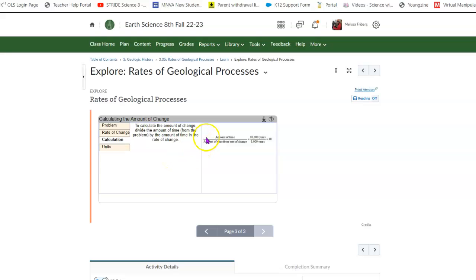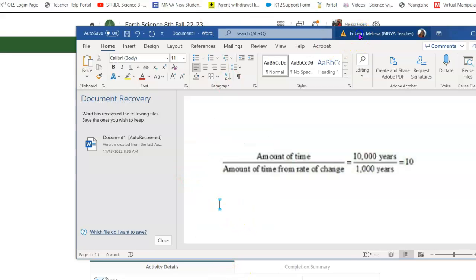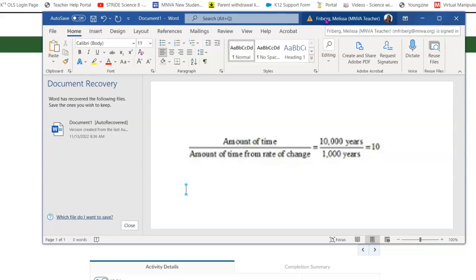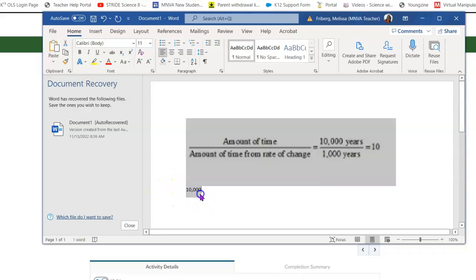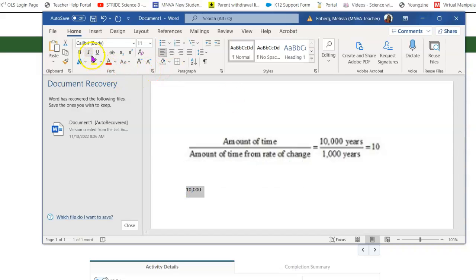So the first thing is we have to divide the amount of time by the amount of time from the rate of change. So the amount of time, remember, is 10,000 years over 1,000 years.